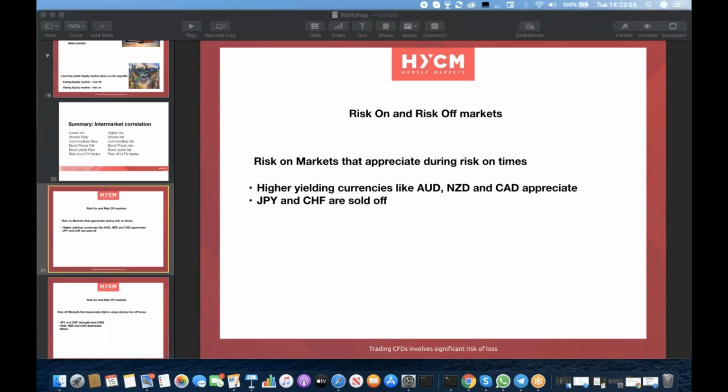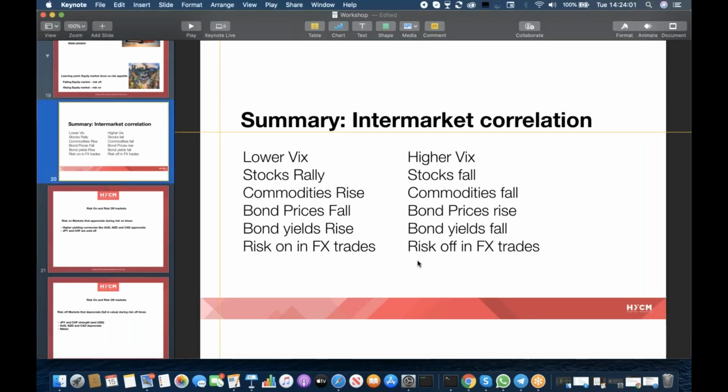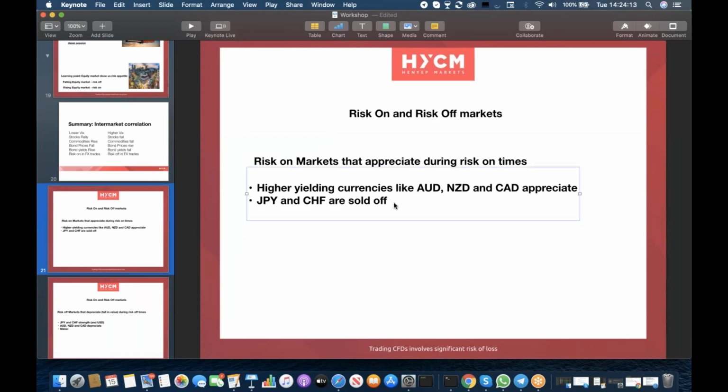Now, Hashik, you get strong yen and strong Swiss franc when it's risk off. So when it's risk on, you get Japanese yen and Swiss franc weakness.